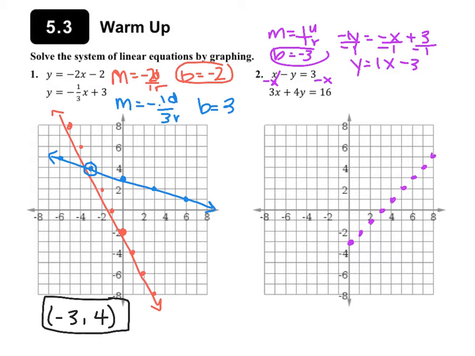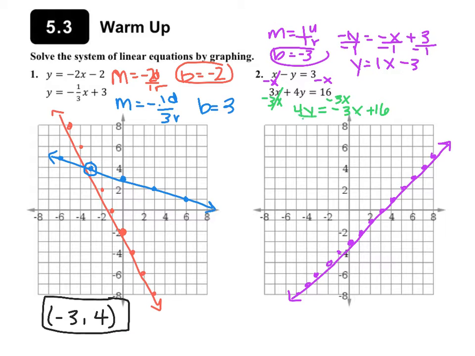Then I start looking at my second line. How am I going to get y by itself? Well, I need to move the x part to the other side. So I'm going to subtract 3x from both sides. So then I have that 4y equals -3x plus 16.